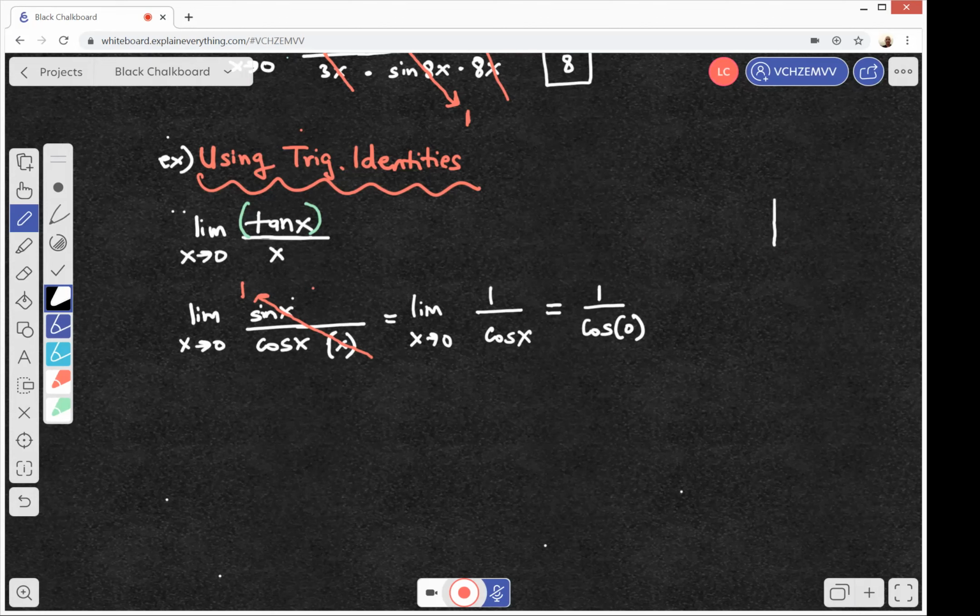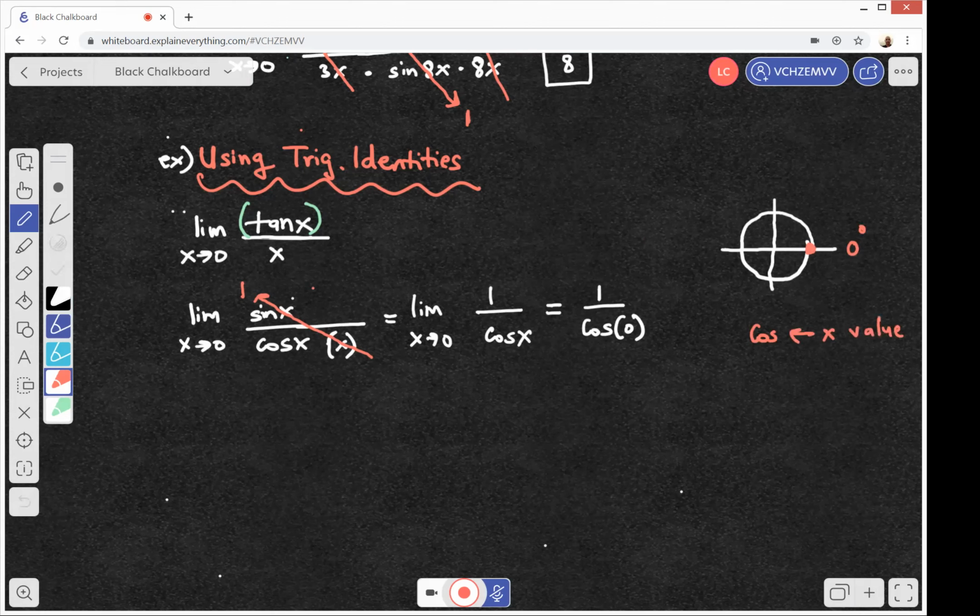What helps for me is drawing a little picture of the unit circle. I know that if I'm at 0 degrees, I'm over here. That's 0 degrees, so cosine 0. And I know that cosine represents the x value.